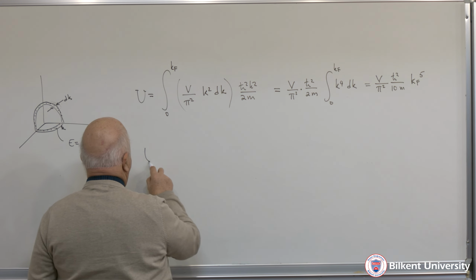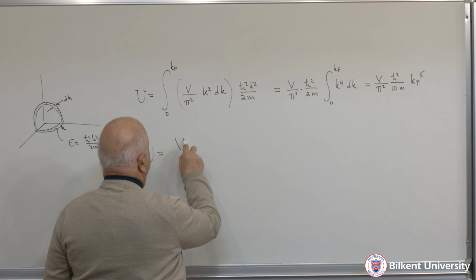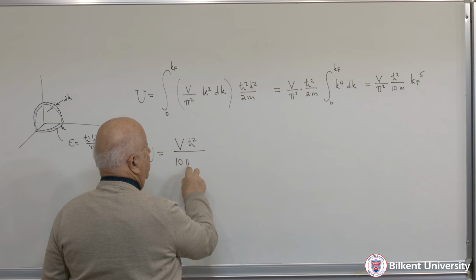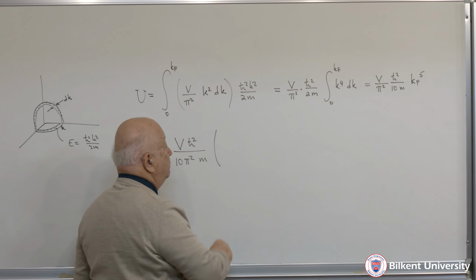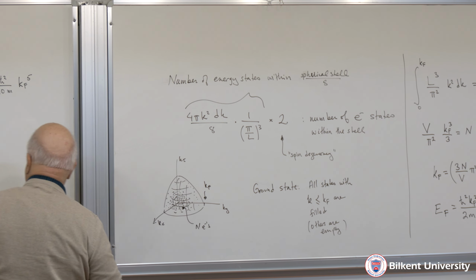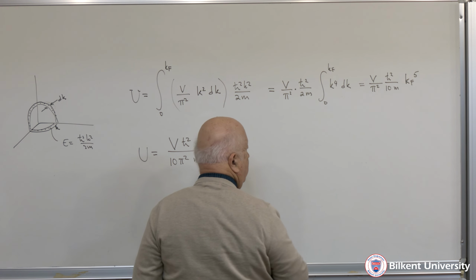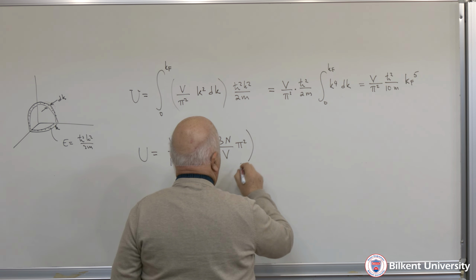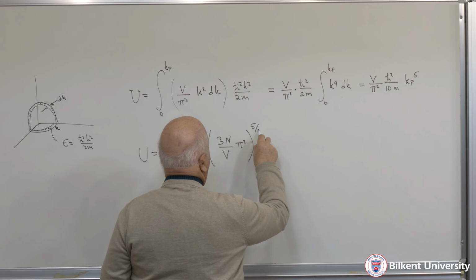So the internal energy becomes, let me just rearrange terms here, V times h bar squared over 10 pi squared times the mass of the particle. Now kF to the 5th power: kF is 3n over V times pi squared, to the 1/3, so it's going to be 5 over 3.